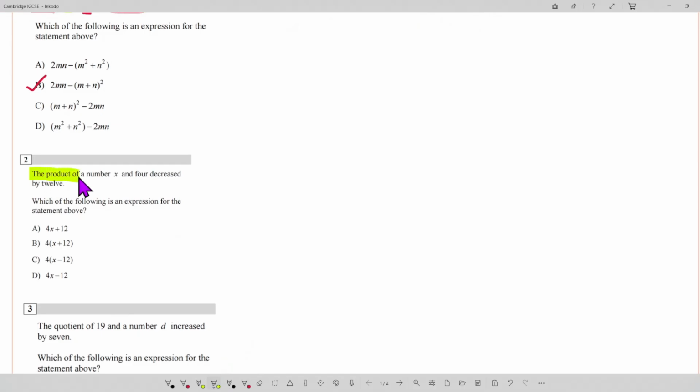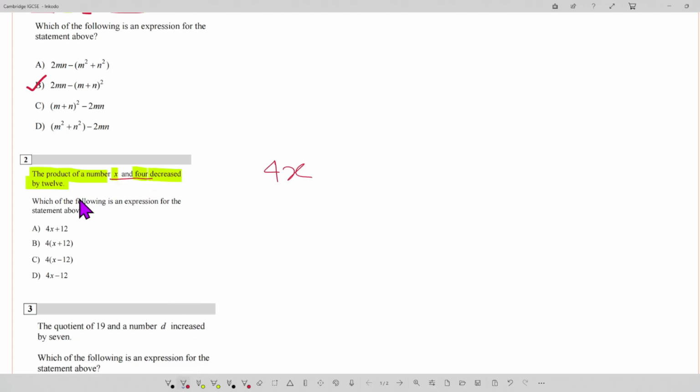The product of a number x and 4 decreased by 12. So first, the product of a number x and 4. Product means multiplication of x and 4. So this one we can write like 4x.